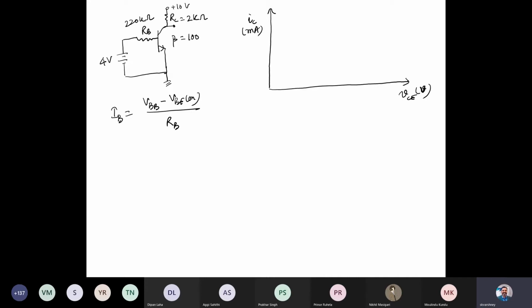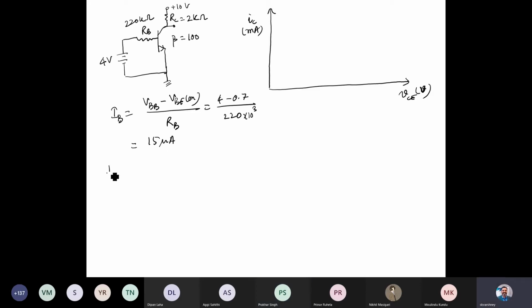Just find it out. VBE on, take it as 0.7, divided by 220 kilo ohm, so IB is 15 microampere. Fine.